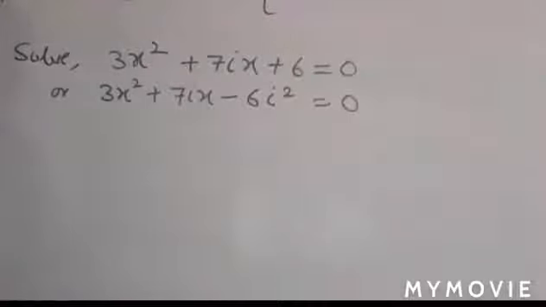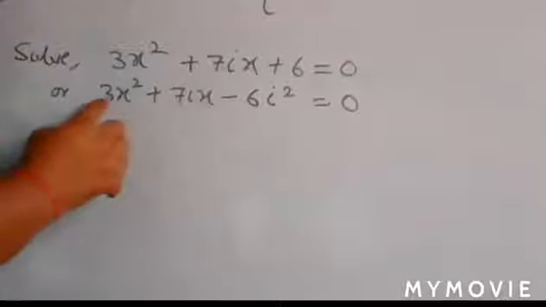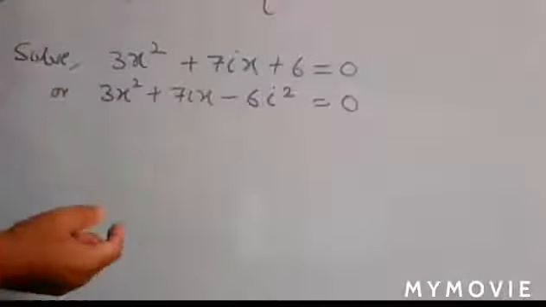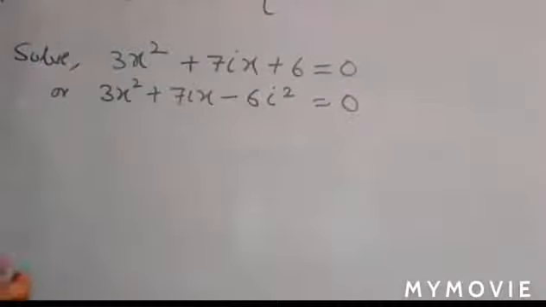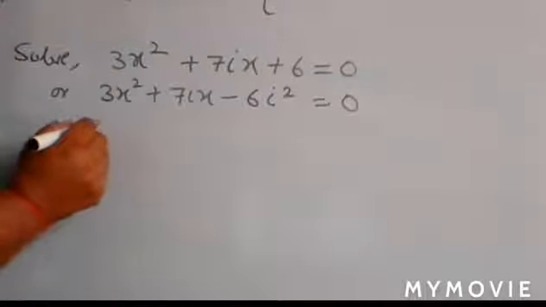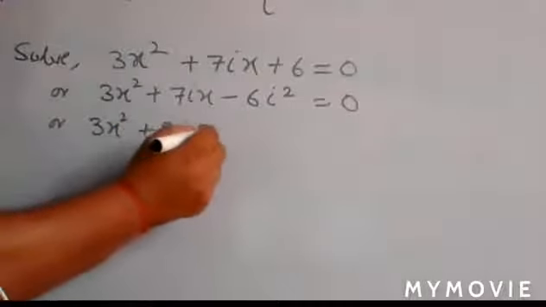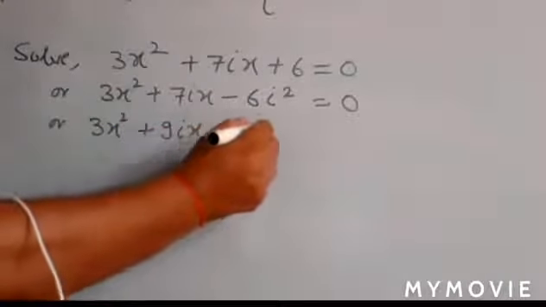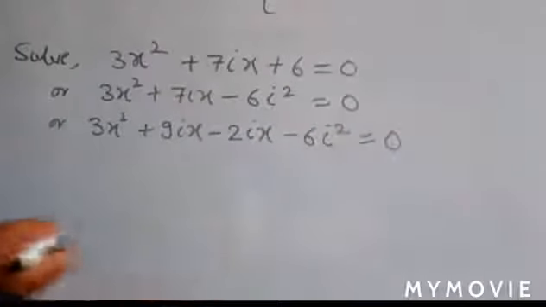Now try to factorize it. So 6 3s are 18. So here you have to take the factors of minus 18 in such a way that you get 7ix. So 9 2s are 18 and 9 minus 2 becomes 7. So write 3x square plus 9ix minus 2ix minus 6i square is equal to 0.